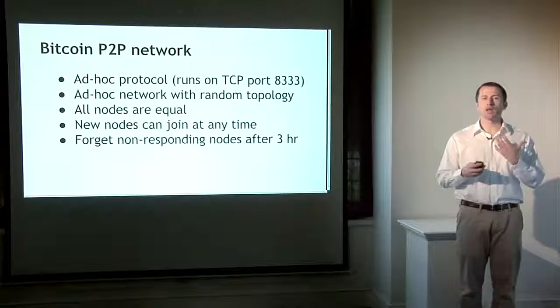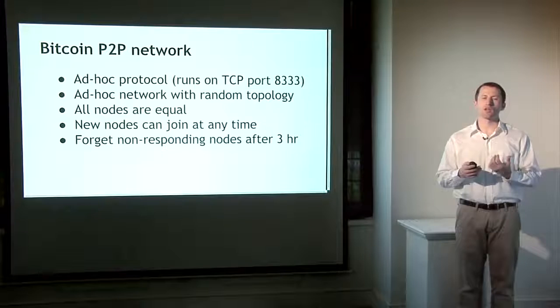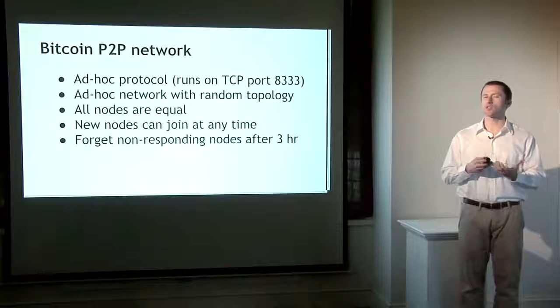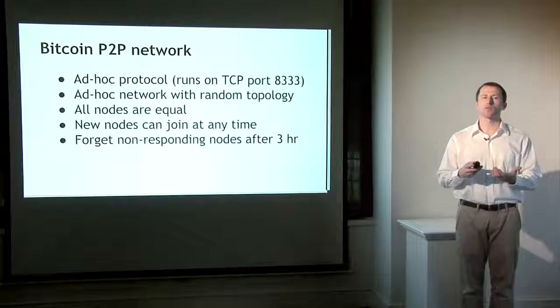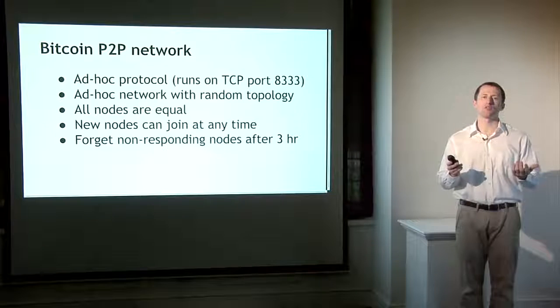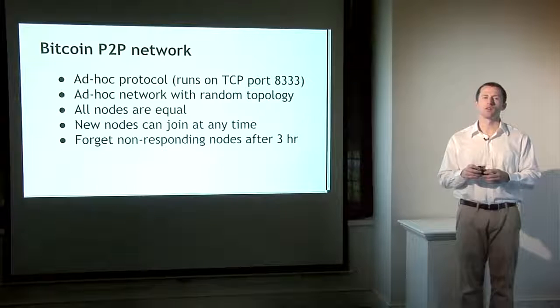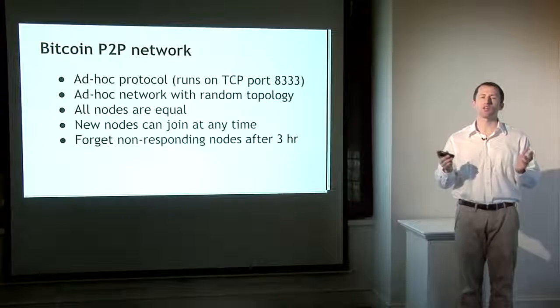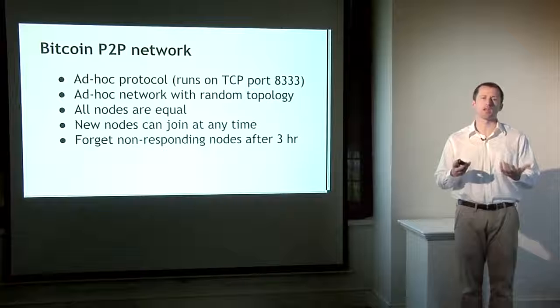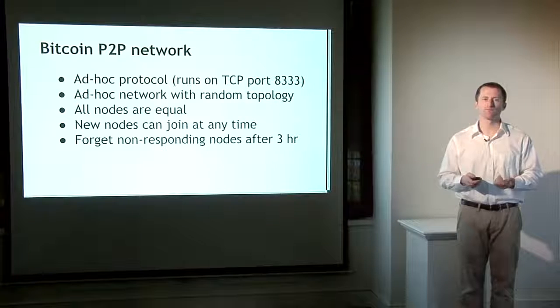Now the network is very dynamic, it changes over time, nodes are coming and going all the time, although there's actually no explicit way to leave the network. Instead, if you don't hear from a node for a while, 3 hours is the amount that's hard-coded into the common clients, people eventually start to forget you, so it gracefully handles nodes going offline.